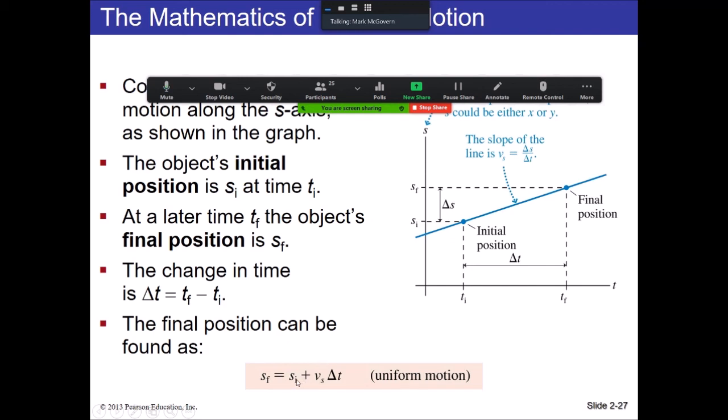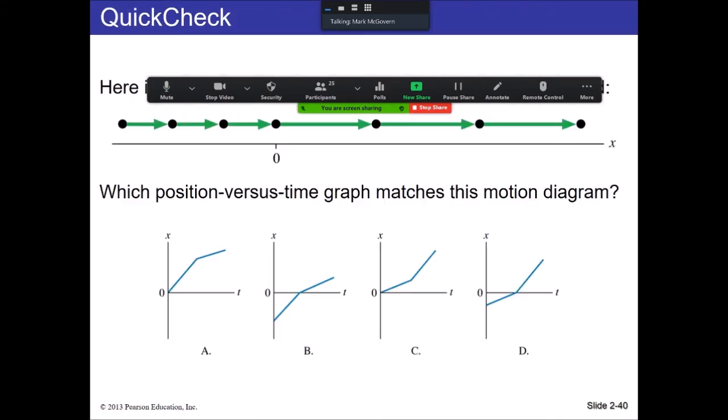So, that being said, if we have velocity information in time, in principle, we should be able to work backwards and determine what a position graph would look like based on information about velocity. So we're going to do that. That's the next step here.